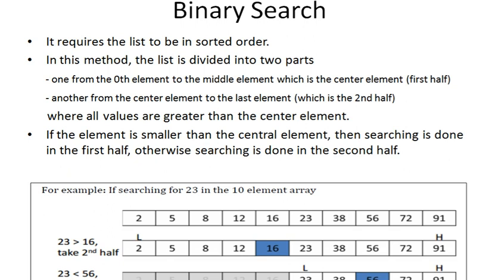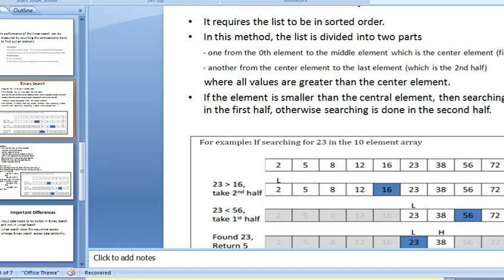That is, if the element is smaller than the central element, then the searching is done in the first half and the second half is ignored. Whereas, if the element is greater than the central element, then the searching is done in the second half. For our better understanding, let us see a video which will explain the binary search in detail.